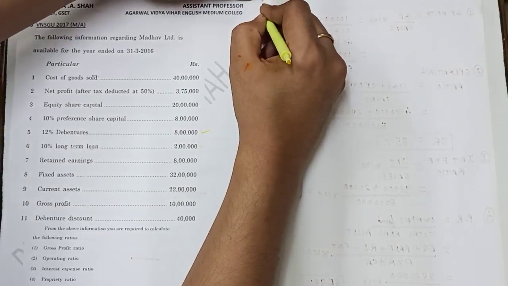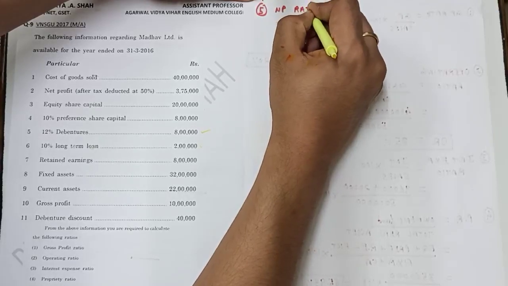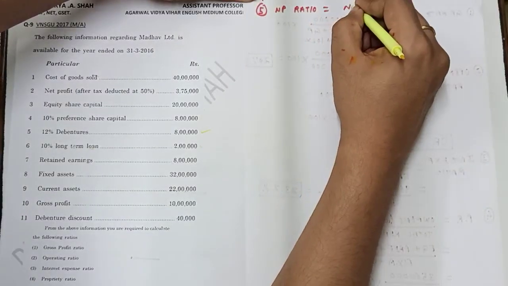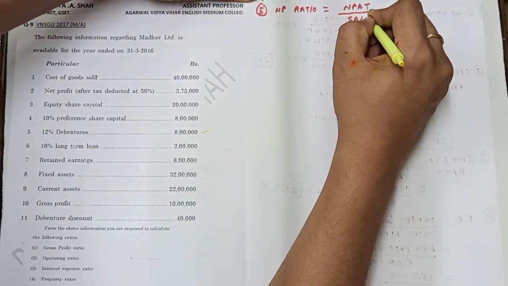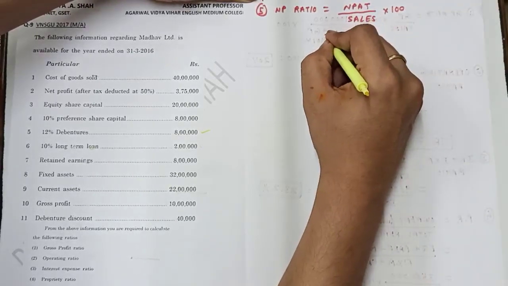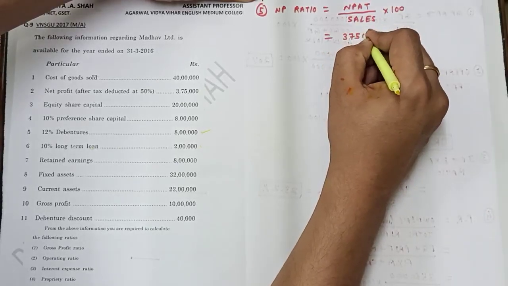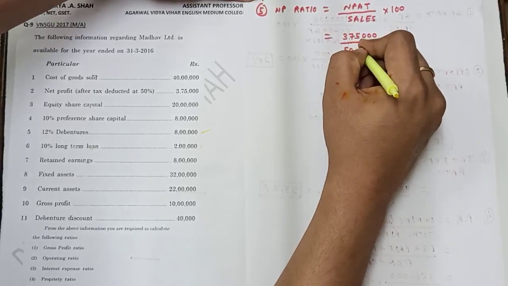Number 5. Net profit ratio is equal to net profit after tax upon sales into 100. So net profit after tax, if you can see, is 3,75,000. In the previous two equations only we found it out. Sales I know is 50 lakh.